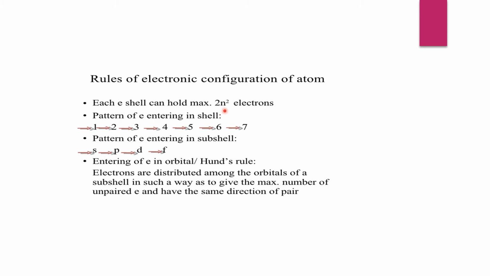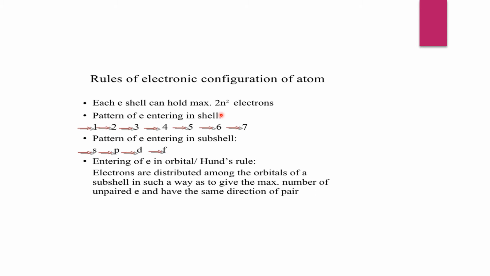For the second orbit, 2 into 2 square: 2 square is 4, 4 twos are 8. So the second orbit can have 8 electrons: in the s orbital 2 electrons, and in the p orbital 6 electrons. So a total of 8 electrons can be filled in the second orbit.